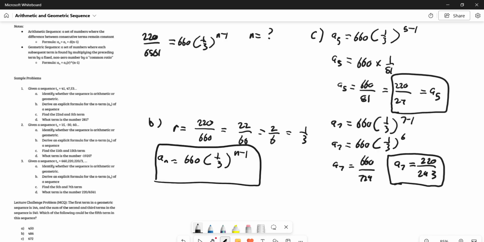What we can actually do is divide both sides by 660. So 220 over 6561 times 660.